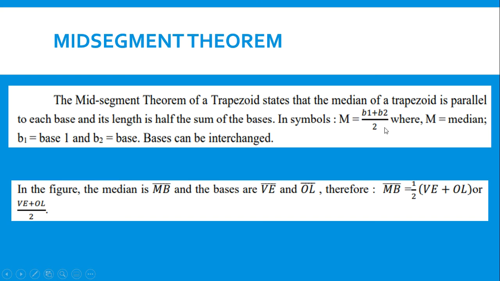Okay? Or M equals B sub 1 plus B sub 2 divided by 2, where M is the median, B sub 1 is the base 1, and B sub 2 is the base number 2.